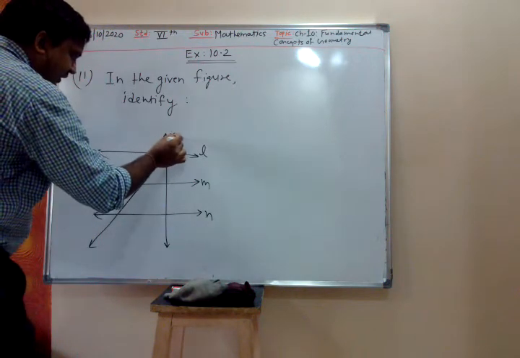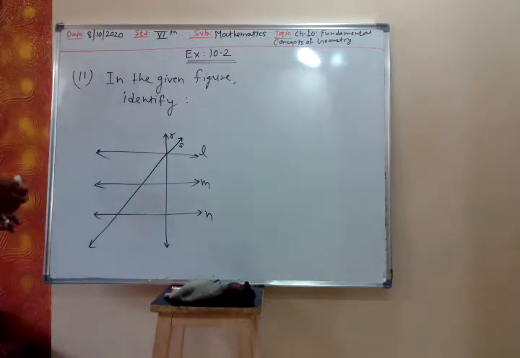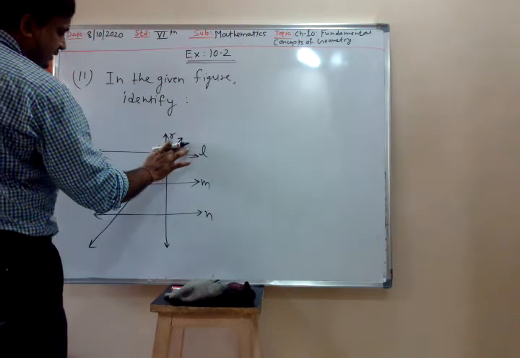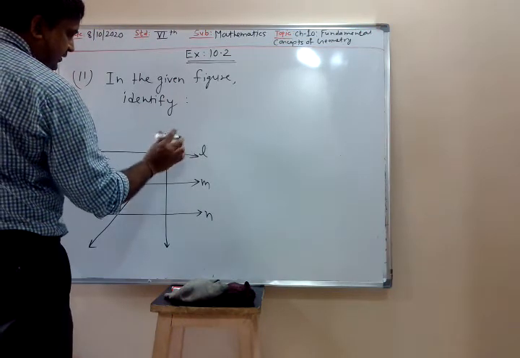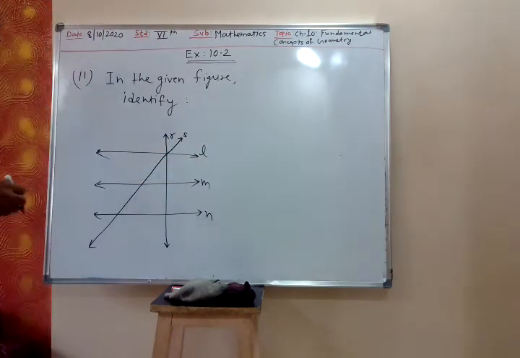This is my S line. Then we have one more line, Q.